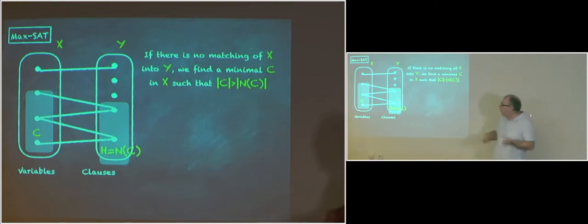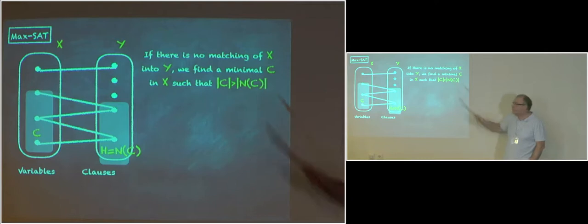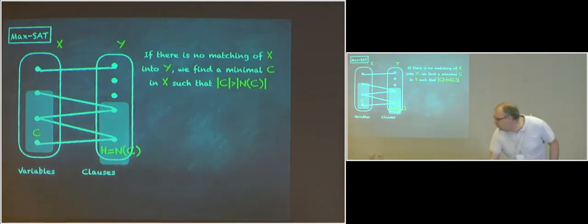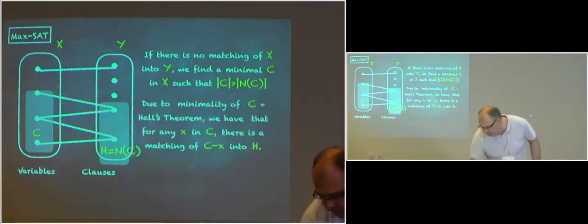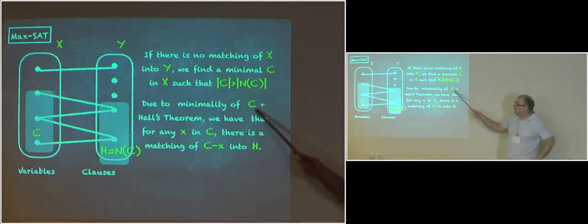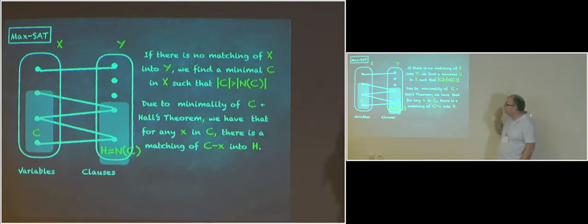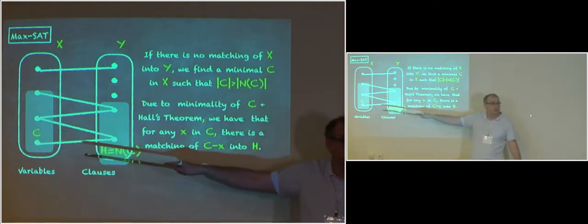I pick a minimal set C which satisfies this condition, and let the neighborhood of C be H. Because set C is minimal, by Hall's theorem, if I take any vertex X belonging to C, then every subset of C minus X will satisfy Hall's condition.